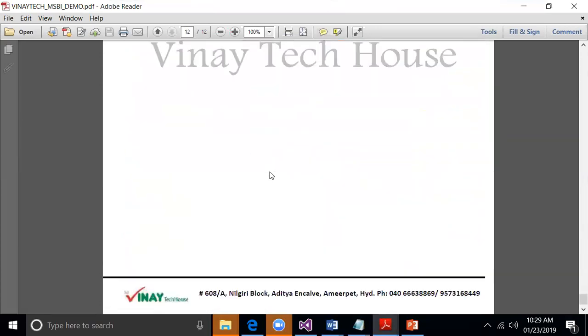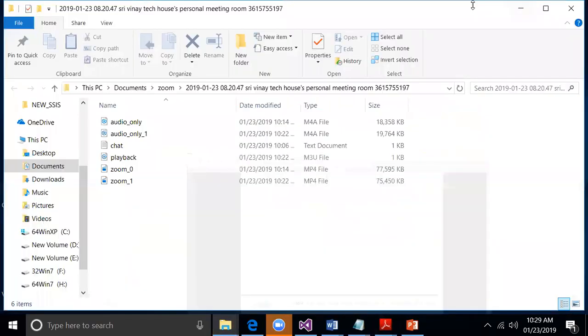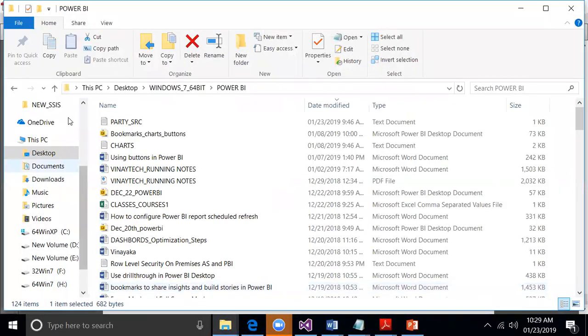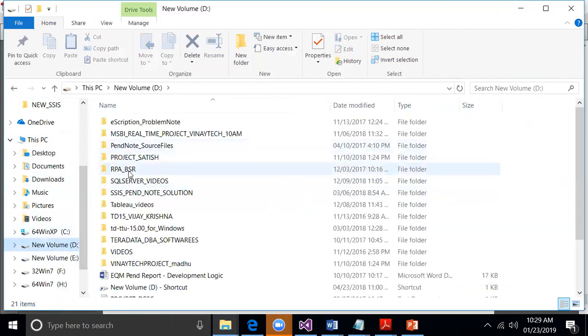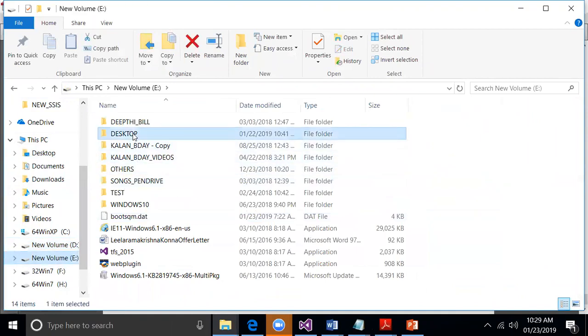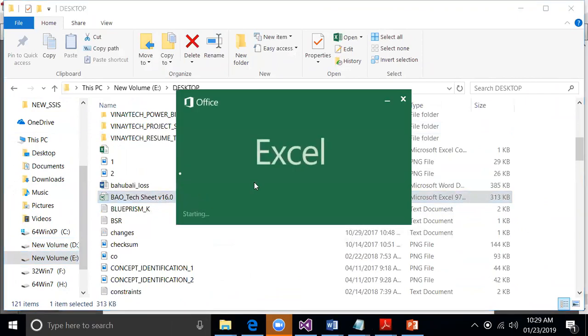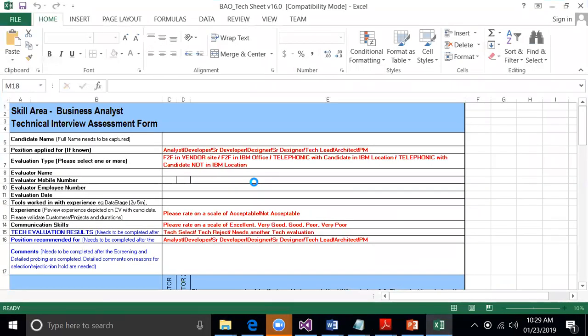Now, we will go to the next one. See guys, this is the technical sheet we are using in our company for less than 7 years of experience, more than 7 years, even for project managers.